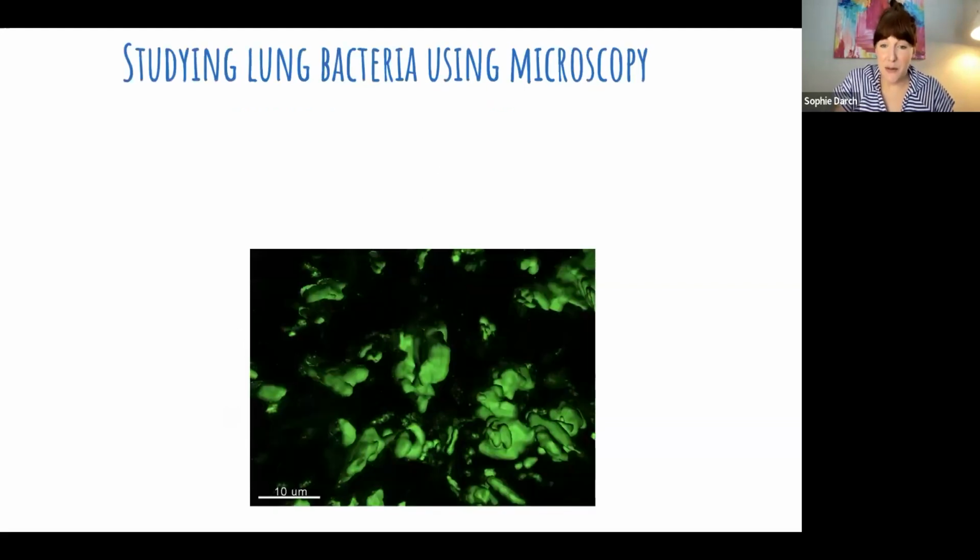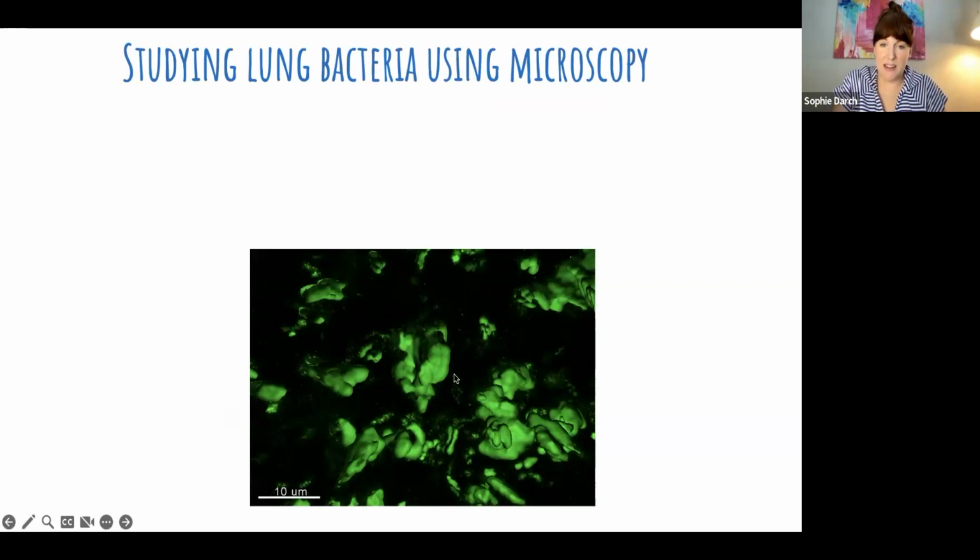And so this is one of the images that we might create in our lab using that mimicking sputum, our lung environment, and the bacteria that we add into it. We're using that microscope that I just showed you. Here, what we're actually looking at is our bug Pseudomonas in that very sticky, viscous sputum media.